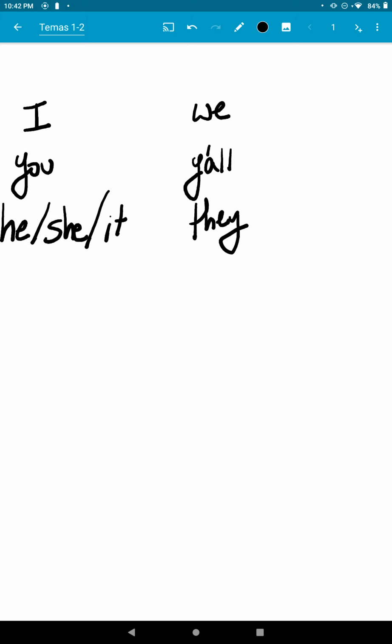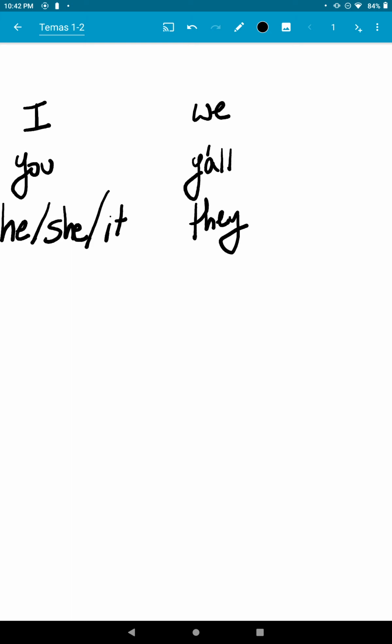Now, if you think about the way that our verbs work in English, it would be I sit, you sit, he, she, it sits, we sit, y'all sit, they sit, using to sit as just sort of my dummy verb. In Spanish, you're going to have a different form for each of these pronouns.